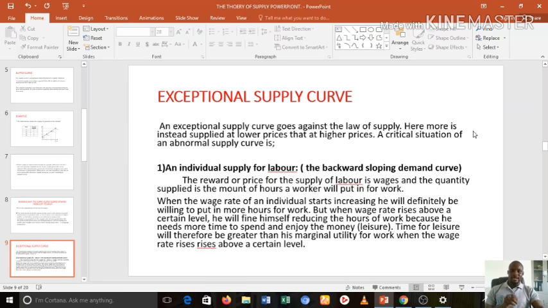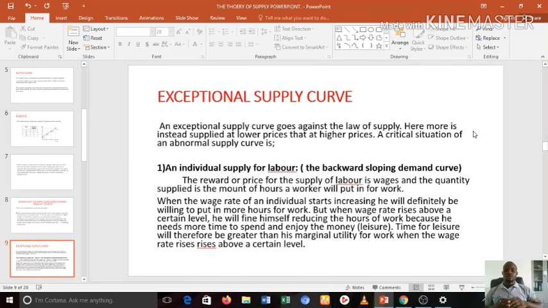Now, we are seeing that the normal supply curve slopes upward from left to right, which affirms the law of supply, which says that more is supplied at a higher price than at a lower price. Or in other words, the higher the price, the higher the quantity supplied.